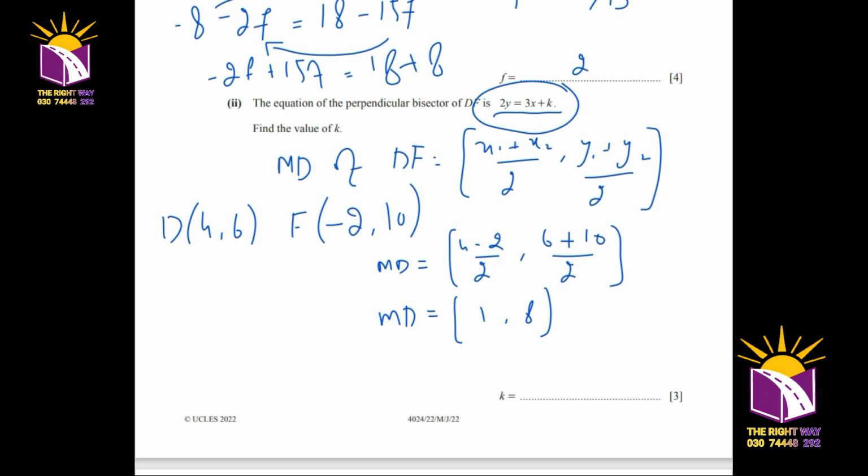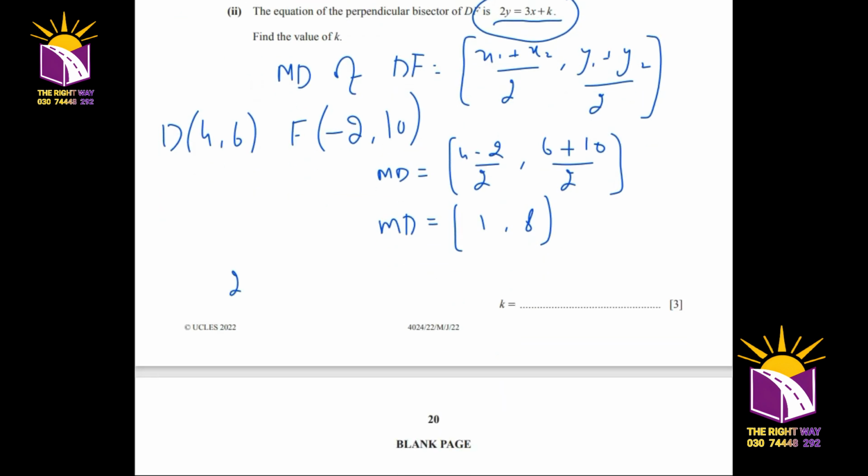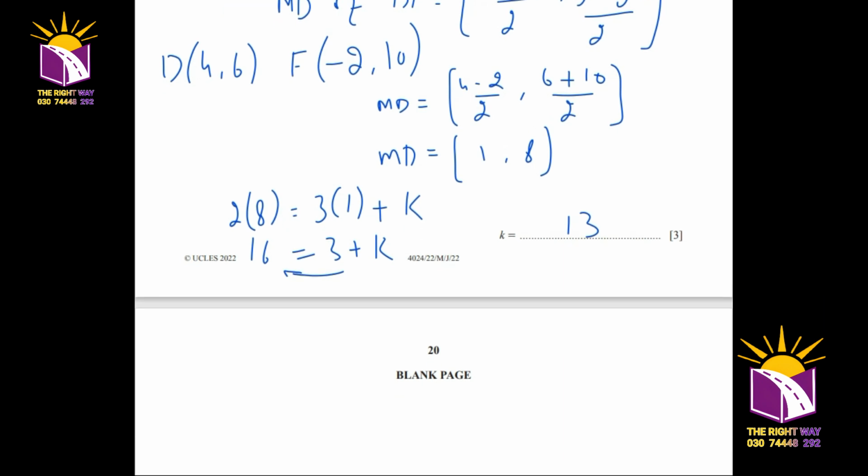By putting the value of x and y in it, 2 times 8 is equal to 3 times 1 plus k. 16 equal to 3 plus k. 3 is subtracted on the other side, so k will be equal to 13. 16 minus 3 will be equal to 13 and your k will be 13.